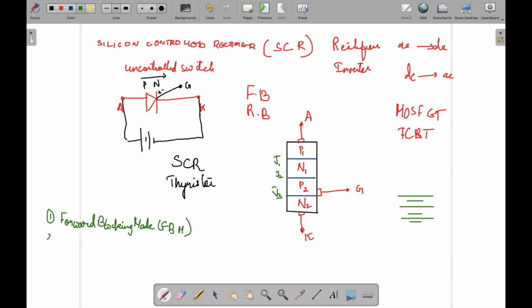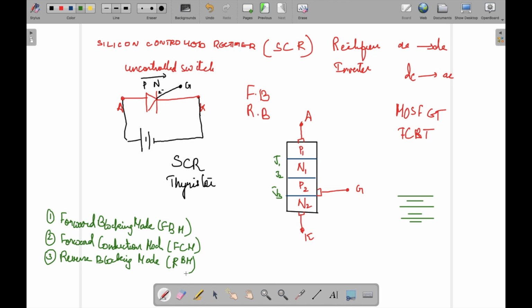The second mode is known as the forward conduction mode, and we call it FCM. And the third mode is known as the reverse blocking mode, or RBM.